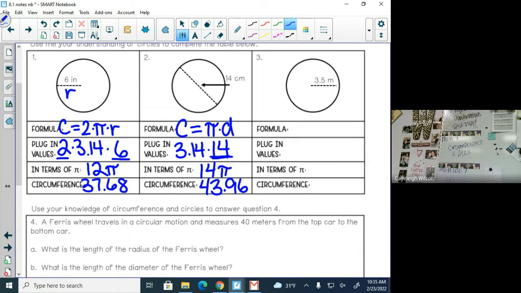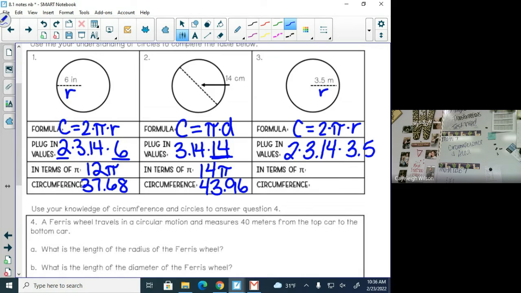All right, which formula do we use? So, Jonathan, what formula do we use? And I'm using that one because they gave me radius. Okay, so 2 times pi, which is 3.14, times the radius, which is 3.5. So on your calculator, you should have typed in 2 times 3.14 times 3.5.